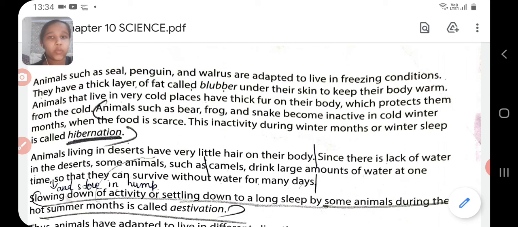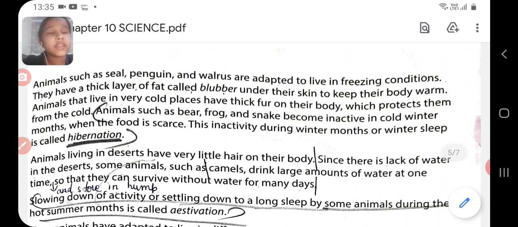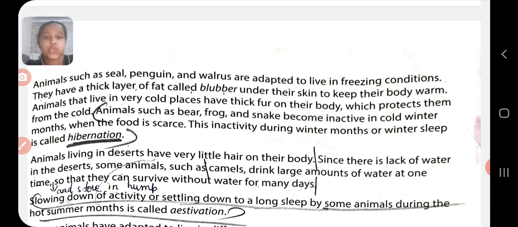So when they do not get food, what they do is sleep for many days or one or two months, so that they will not feel hungry. This inactivity is called hibernation.